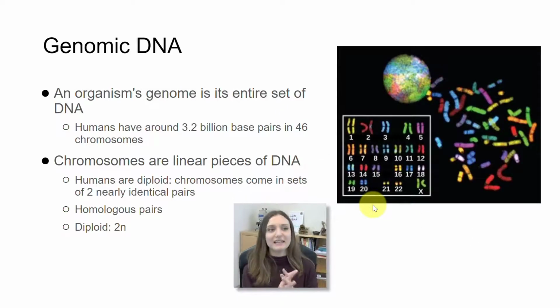So our genomic DNA is its entire set of DNA, all the DNA it has. And for every cell within a multicellular organism, all of our trillions of human cells in our bodies, they all have the exact same set of DNA. They all have 46 chromosomes, so 23 chromosomes in pairs of 2, okay?